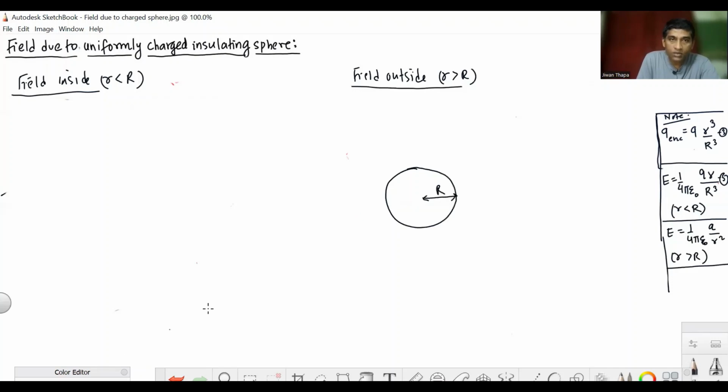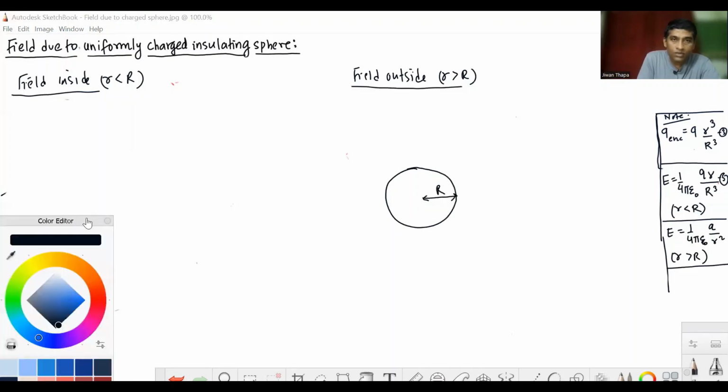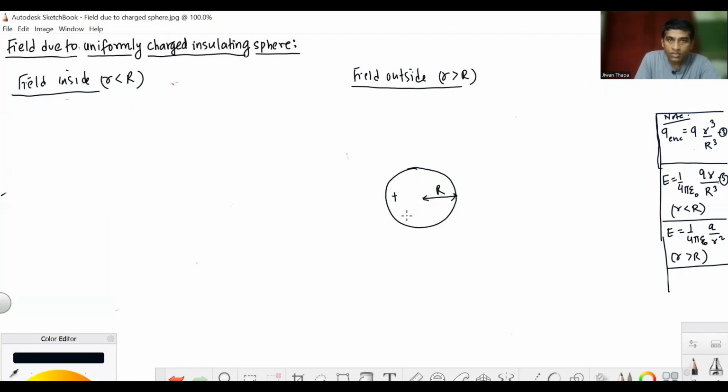This is capital R, a charged insulating sphere.